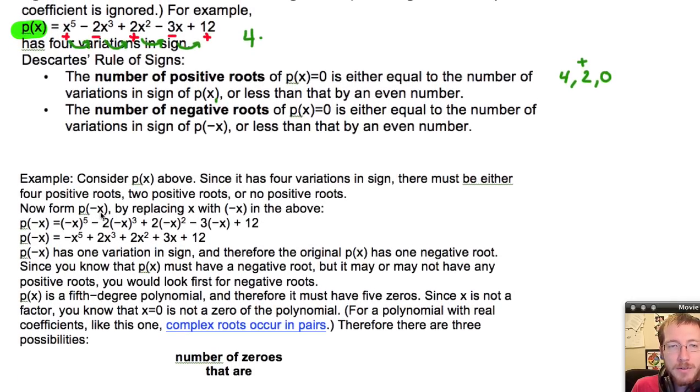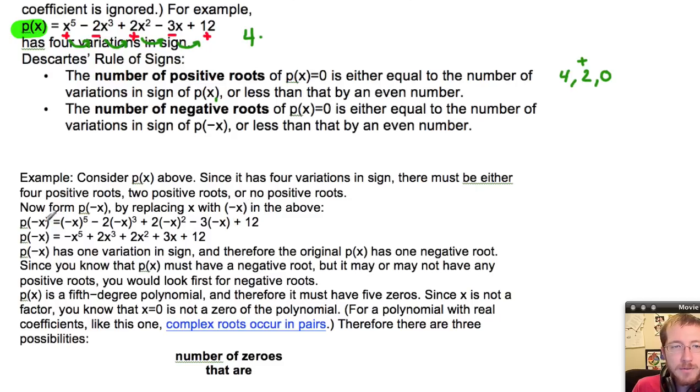If we replace x with negative x in our function and simplify, any odd degrees will be negative, and any even degrees will stay positive, or the sign won't change, I should say. So let's look at our P of negative x simplified. We've got a negative to a positive, so that's 1. Give a little tally mark maybe. Positive to positive doesn't change, positive to positive doesn't change, positive to positive doesn't change again.